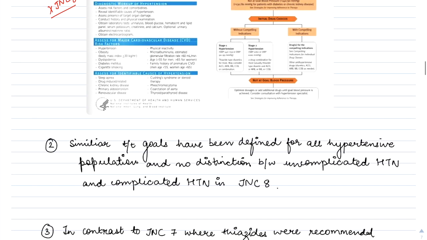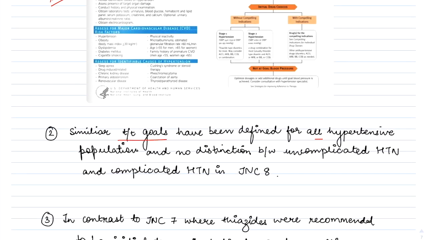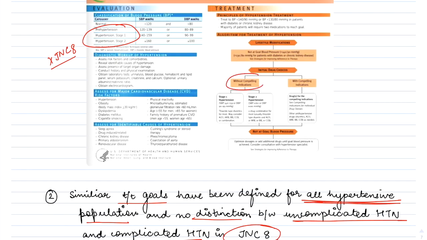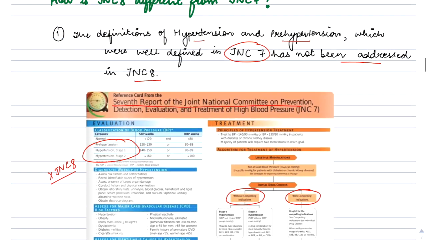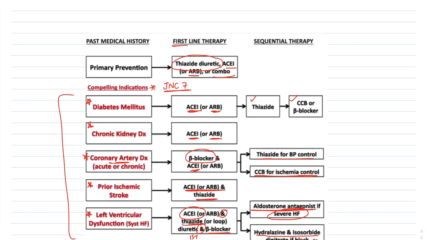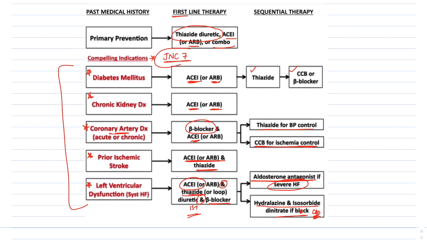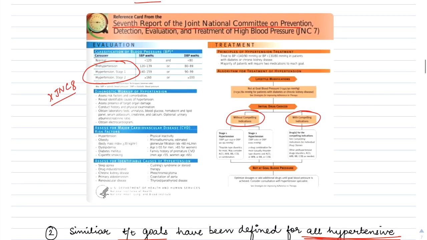Okay. Now, similar treatment goals have been defined for all the hypertensive population, and there is no distinction between uncomplicated and complicated hypertension in JNC8. Earlier, there were compelling indications and without compelling indications. Just to know about them, I had included them.